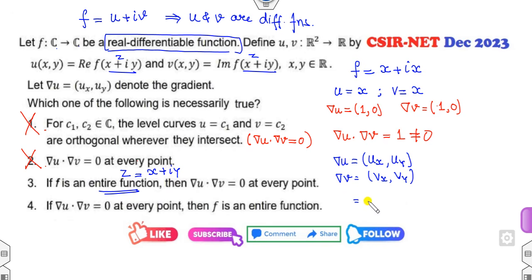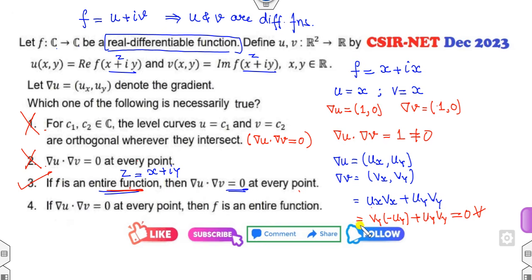What is the dot product of this? Ux vx plus uy vy. Is it 0 always? I have to apply that because f is an entire function, it satisfies the CR equations. Ux is v y, v x is minus uy, so ux vx plus uy vy becomes minus ux uy plus uy ux. Clearly this is 0 for all points. Yes, this is satisfied.